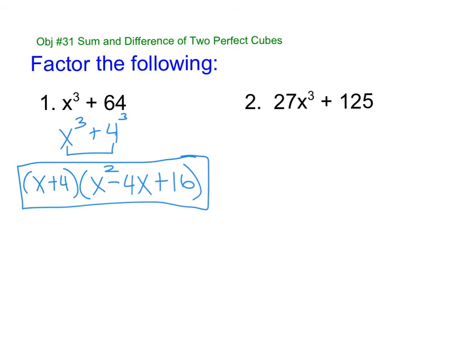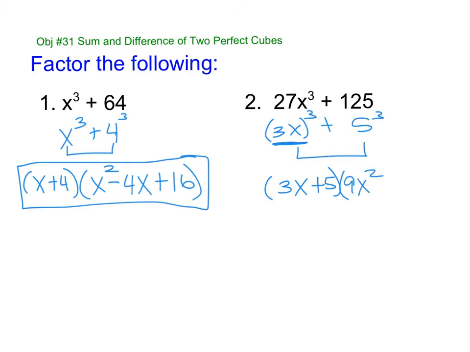All right, try the next one. So this is 3x to the third plus 5 to the third. Since it's a plus, the binomial is a plus. Now we're going to square this guy, 9x squared. Multiply these together and put a minus in front. 15x. Well, that's ugly. And then we square this guy. And that's our answer.